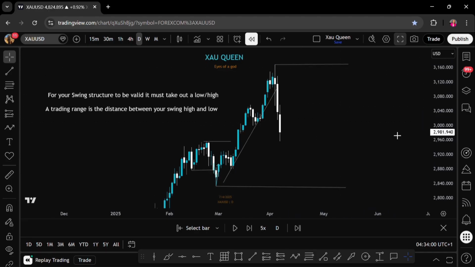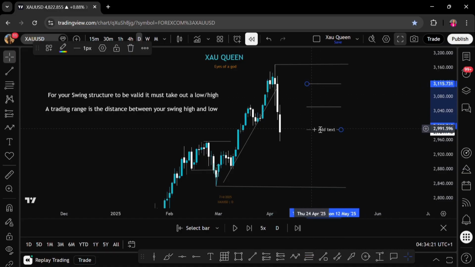Now, another thing that you need to look out for when you are expecting a pullback within your trading range is premium and discount. When you want to sell, I told you people to start your fib. This is the time to use your fib. In this fib, you know I told you this line is 50%.